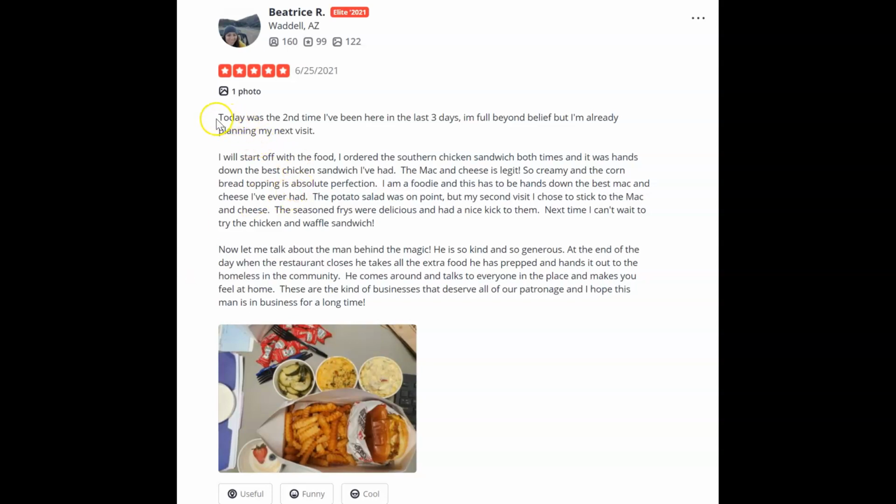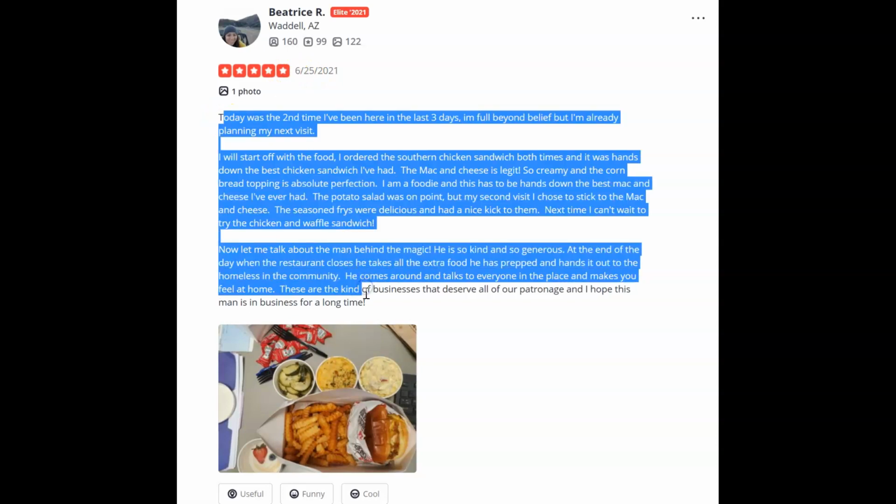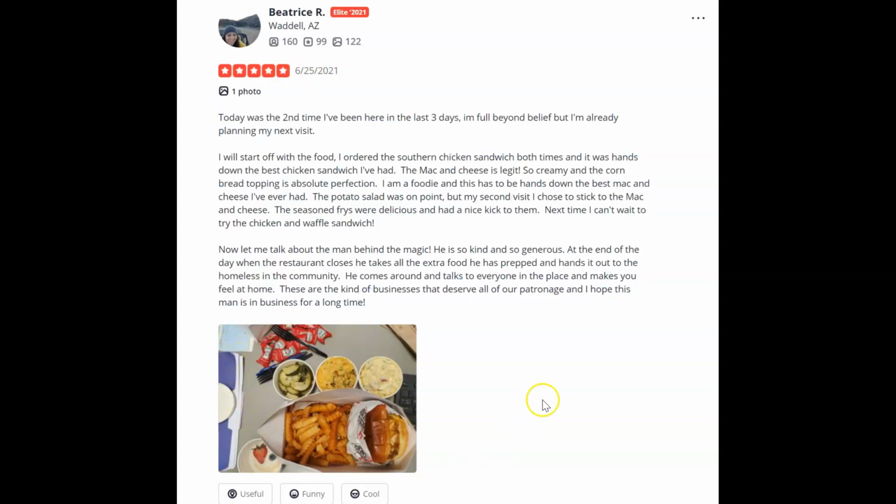So I would say it's natural for us to focus on the main text. For example, the rating from 1 to 5, the date when the rating happened, and also the text as well as the pictures that come with the review.